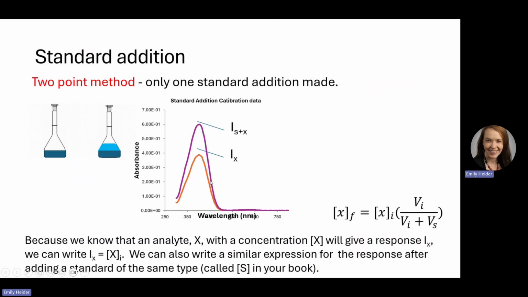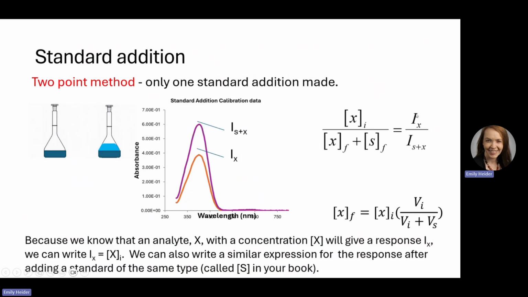So the orange curve on the bottom represents the signal intensity of the left flask that contains just our unknown in it that's been diluted. And then we're going to measure the signal intensity of the right flask that has our unknown, our added standard, and it's been diluted. Now, unsurprisingly, that has a higher signal, a more intense response, because it has not only the concentration due to the unknown, but also due to the added standard.